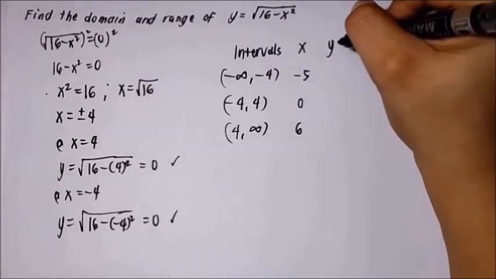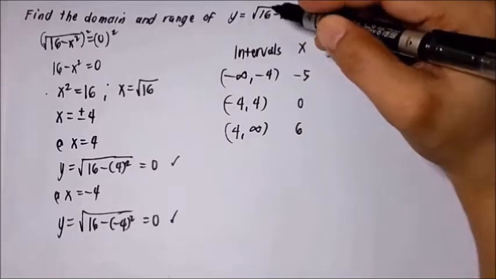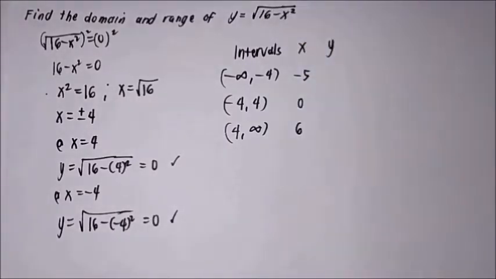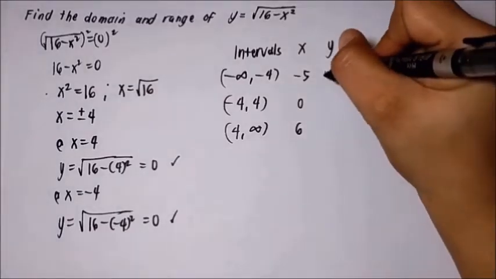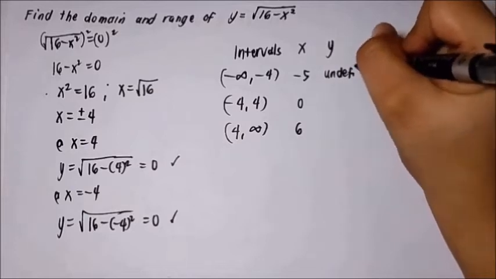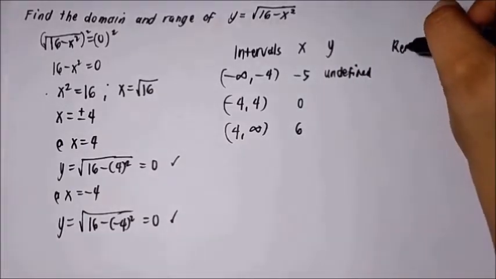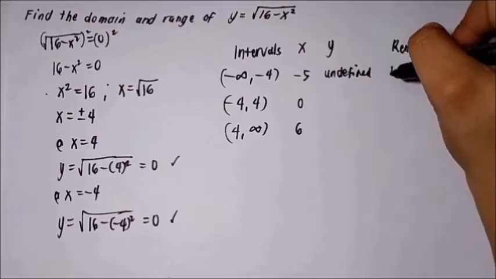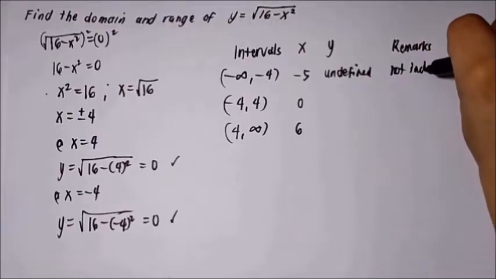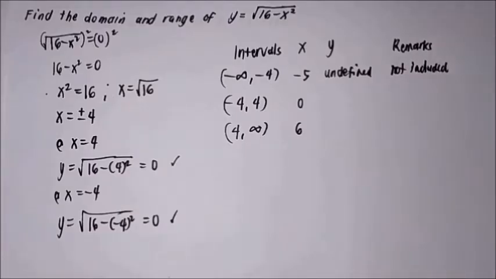Now we will get the value of y, which is the square root of 16 minus x squared. What would be the value when x is negative 5? We have 16 minus negative 5 squared and then get the square root of that. The given is undefined, so it is not included in the domain.